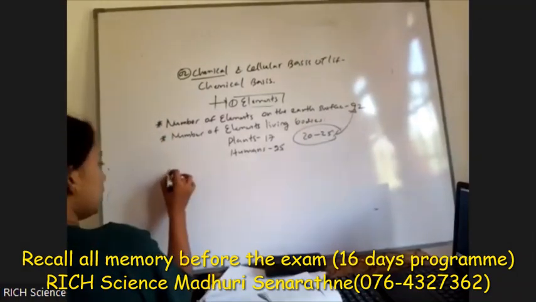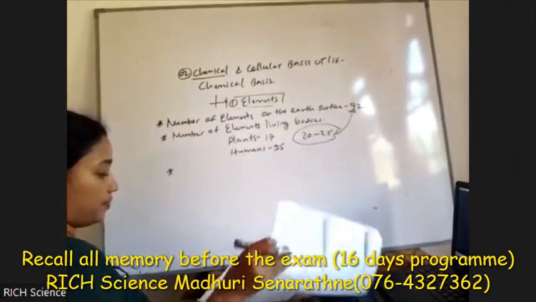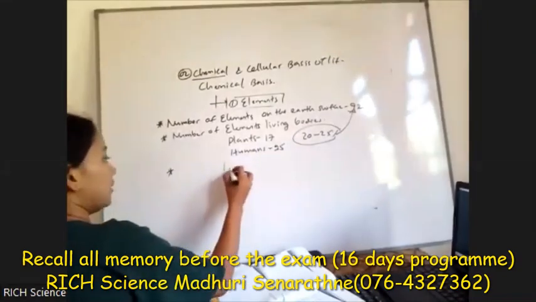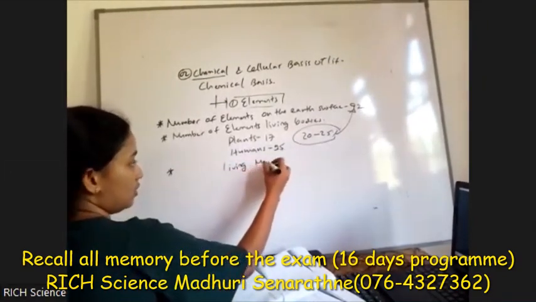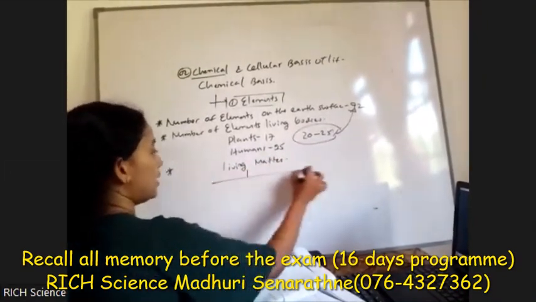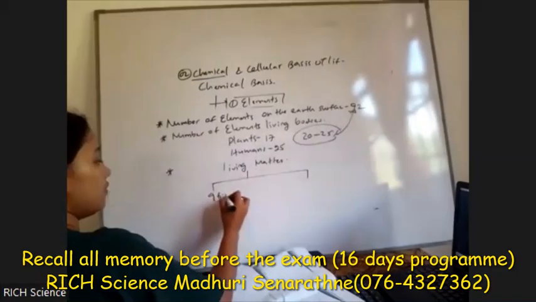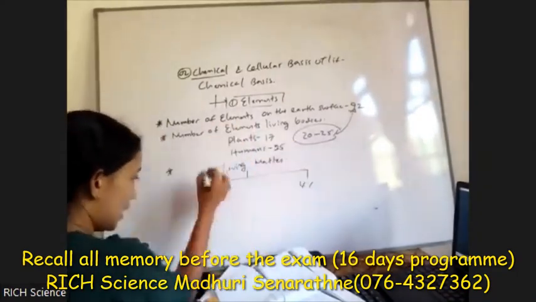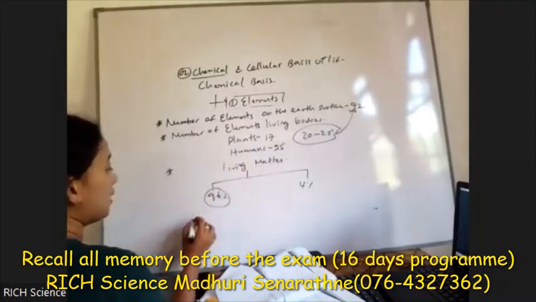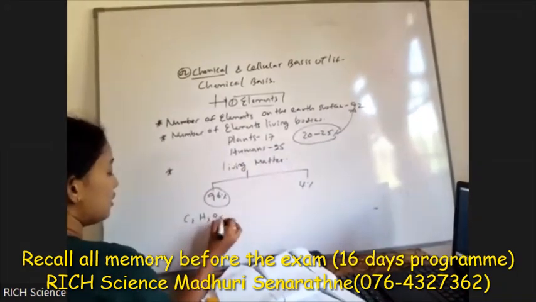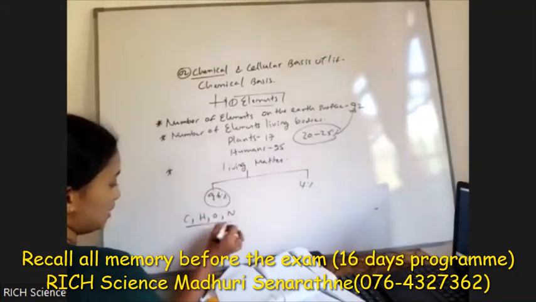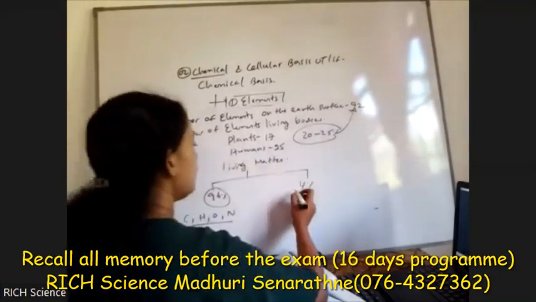And what about the living matter? 96% of living matter contains carbon, hydrogen, oxygen and nitrogen. These are the main 4 elements.